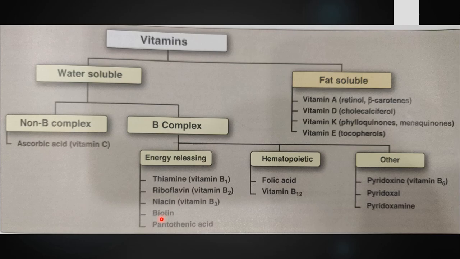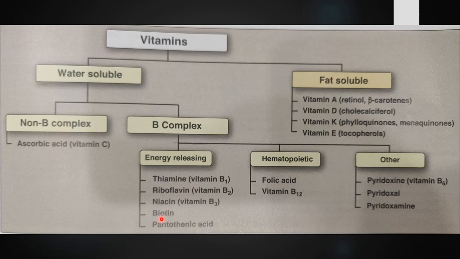Biotin is very important. It plays a very important role in biochemical reactions. And it's very interesting that biotin is very important for healthy hair, healthy nails, and healthy skin.